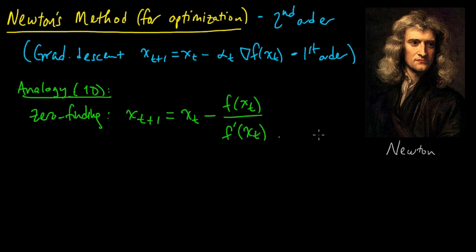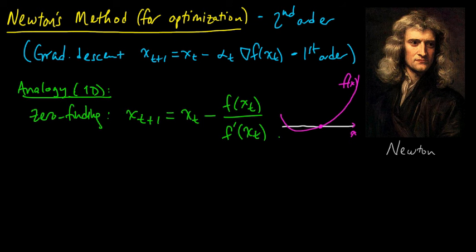And what this is doing, if you may remember this sort of thing, is you have your function f, maybe it's something like that, and actually it should be going through 0, I guess. Something like that. And you're trying to get to a 0 of this function. You're trying to find a point where this crosses the axis here.